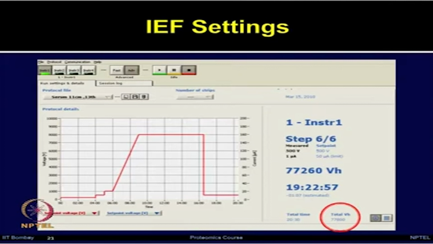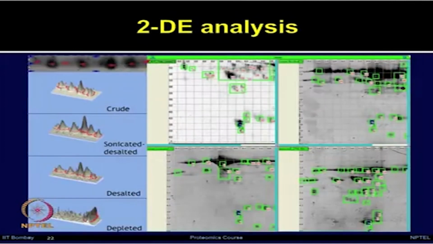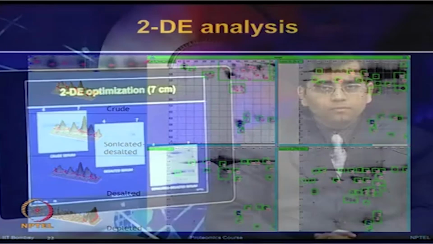So, from the software you can monitor how smoothly your isoelectric focusing is progressing. We tried various effects: crude serum alone, sonicated and desalted, desalted alone, and depleted and desalted, and then tried to compare the effect of these types of processing on overall proteome coverage.